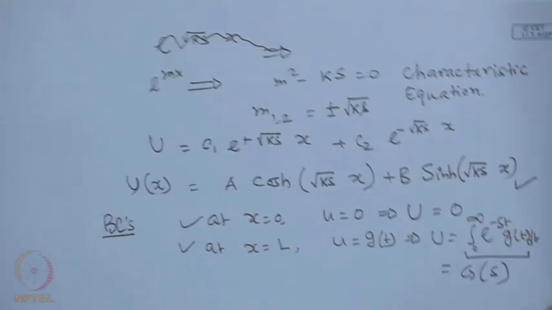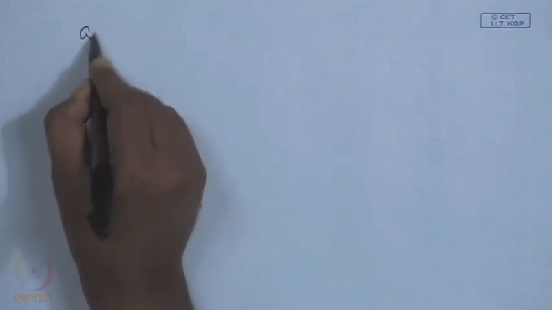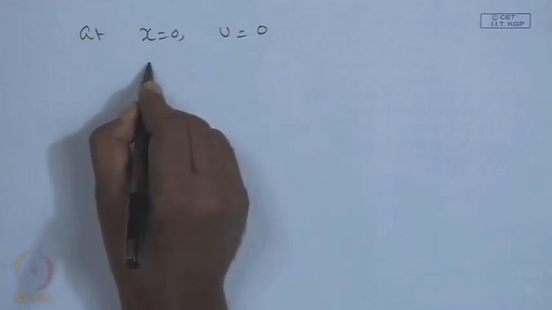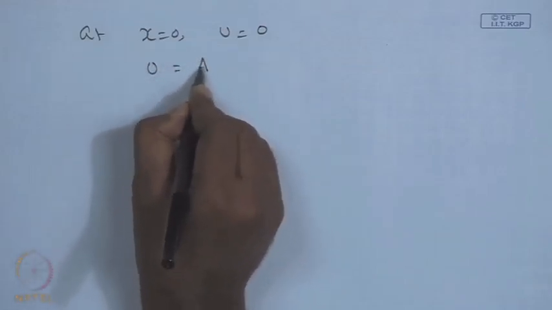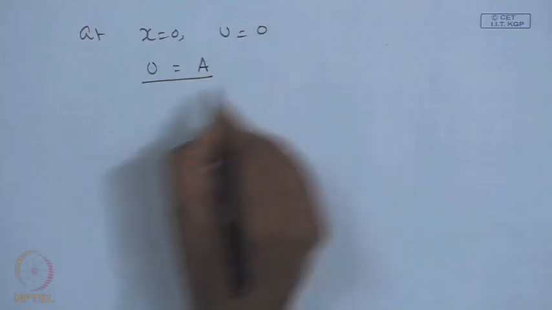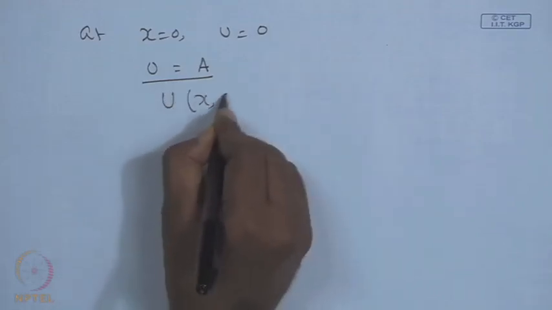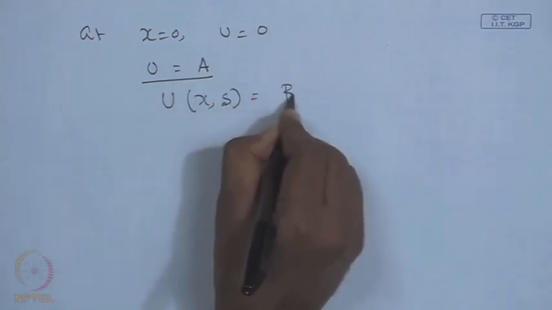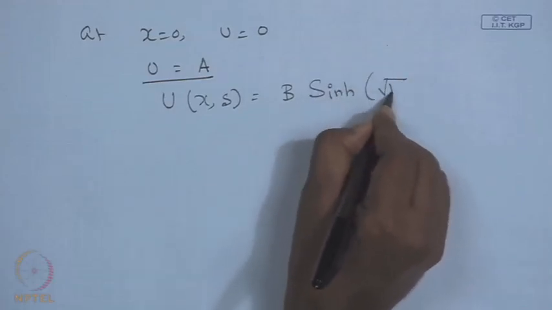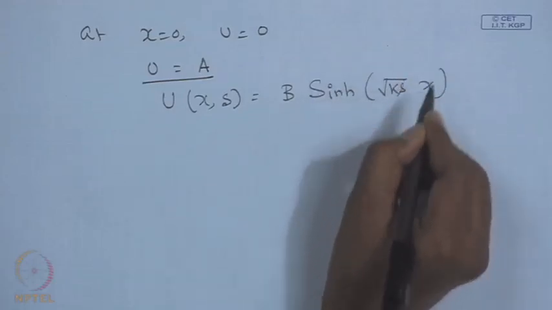Now, using these two boundary conditions, we can solve for the coefficients a and b in the solution. We put the first boundary condition at x is equal to 0, U is equal to 0. Therefore, 0 is equal to a. So, U as a function of x and s now becomes b times sine hyperbolic root over k s times x.